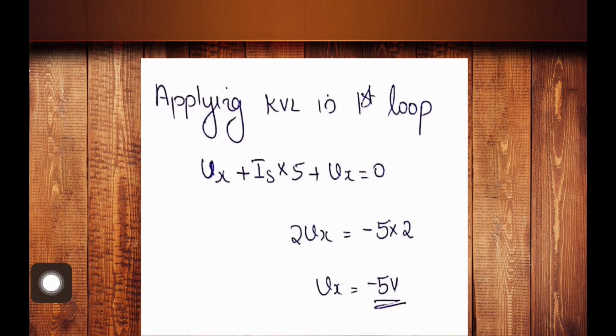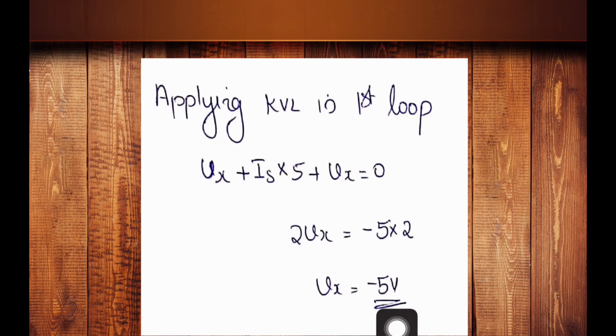So what term should we add to our KVL equation? We should add a plus Vx term. By KVL, the sum of voltage drops across each element in a loop is 0. So we get Vx plus IS into 5 plus Vx is equal to 0. By substituting the value of IS, we get Vx as minus 5 volts.